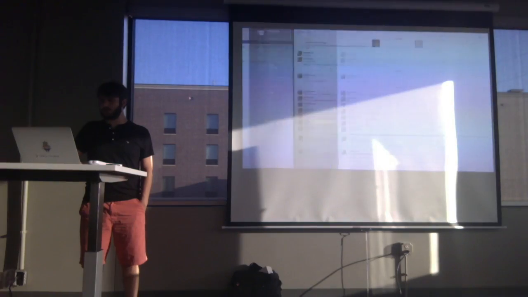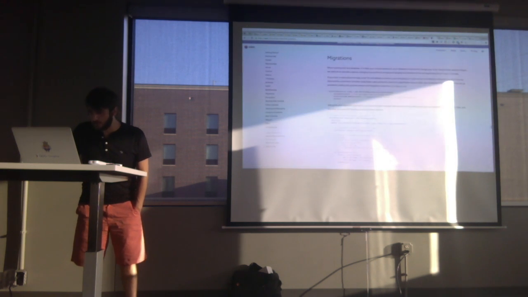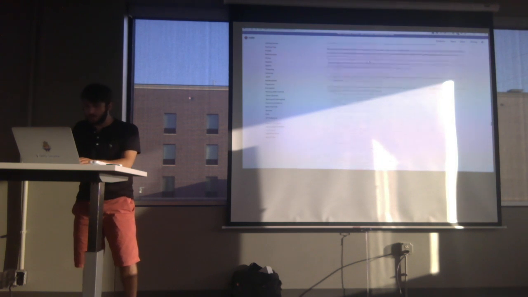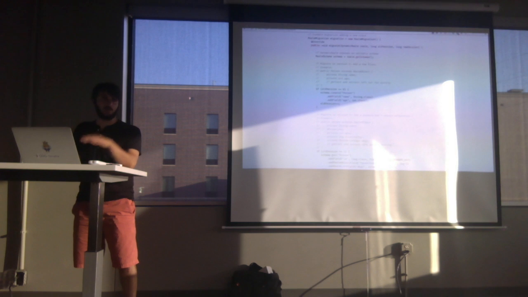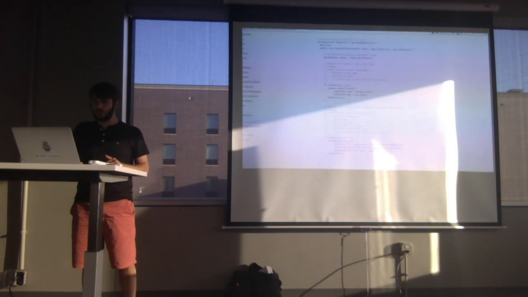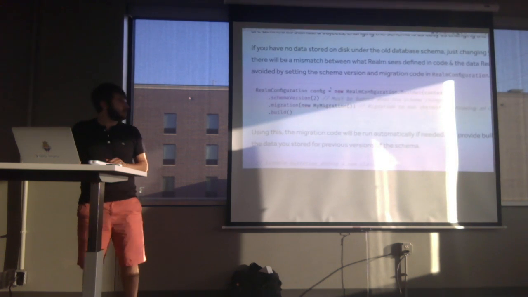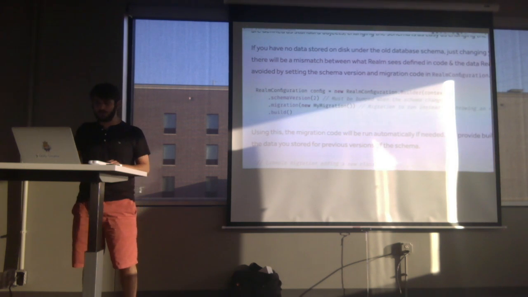You can. I thought I attached it here, but it looks like I didn't, so I didn't try that straight off the website. If you remember earlier, I showed that you can create different configurations. Here, let's say you have a realm configuration. You say the version is 2, and you have a migration class here.